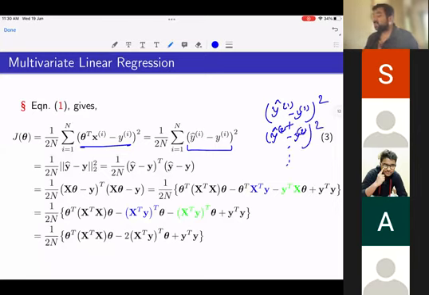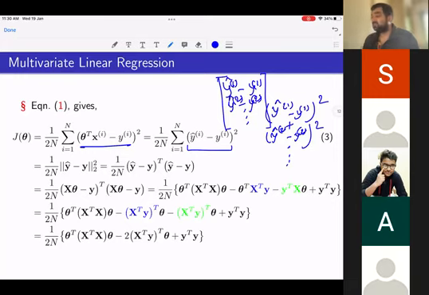So you can think that this is the 2 norm of a vector whose elements are y hat 1 minus y1, y hat 2 minus y2, and so on. This can be thought of as a vector. So that's what we have written.